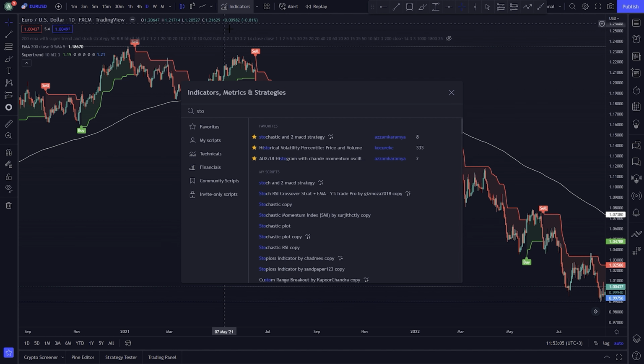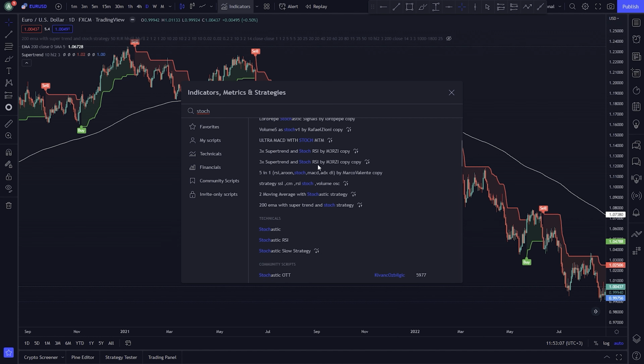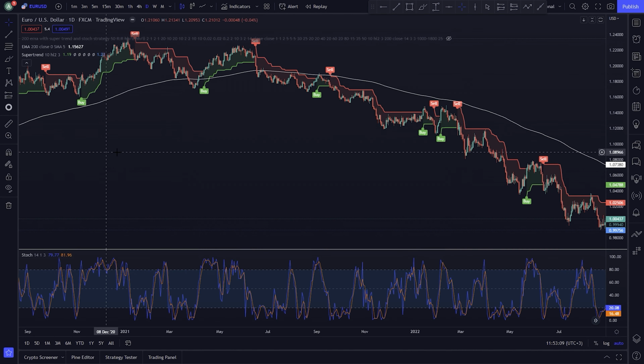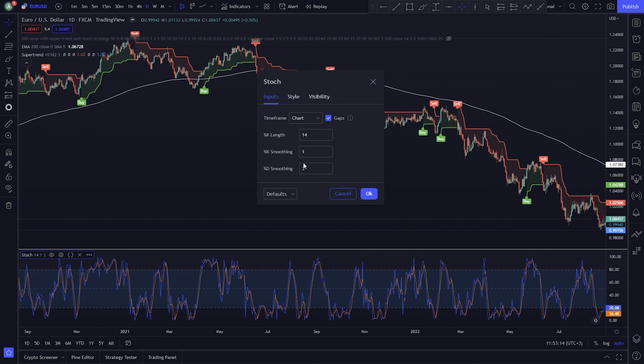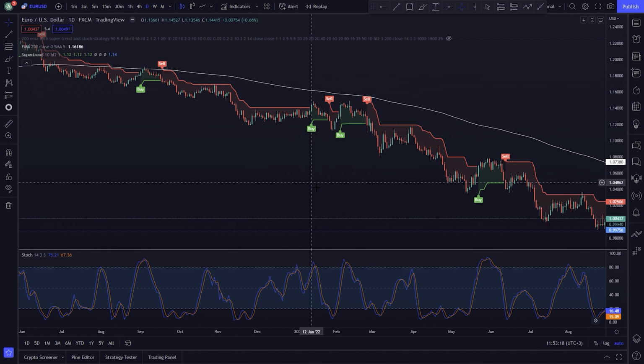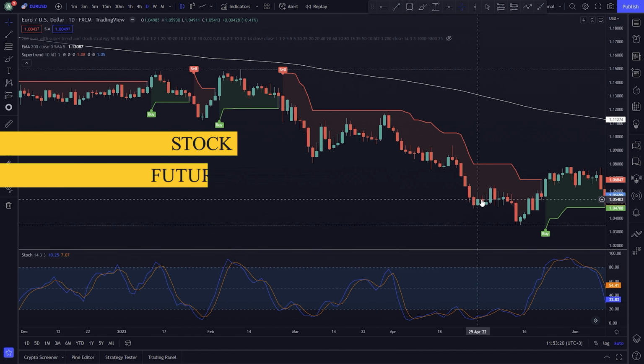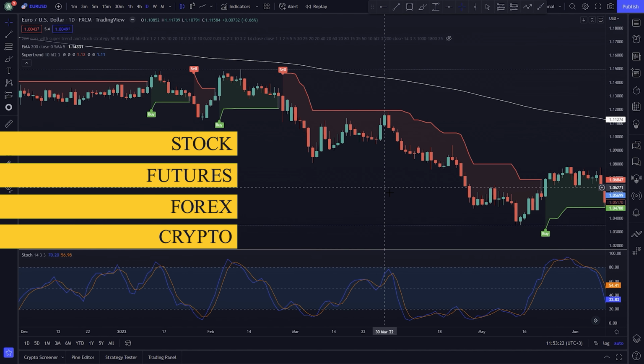Stochastic. This strategy can be used in all types of markets: stocks, futures, forex, and crypto.